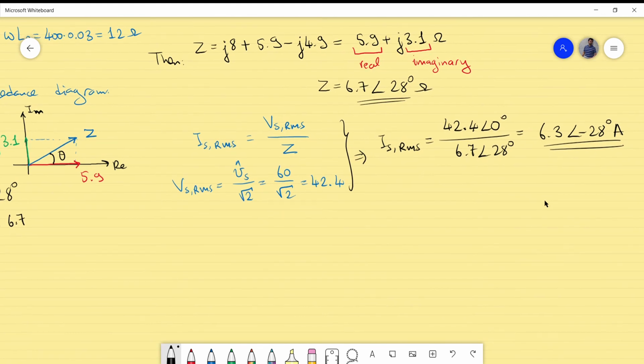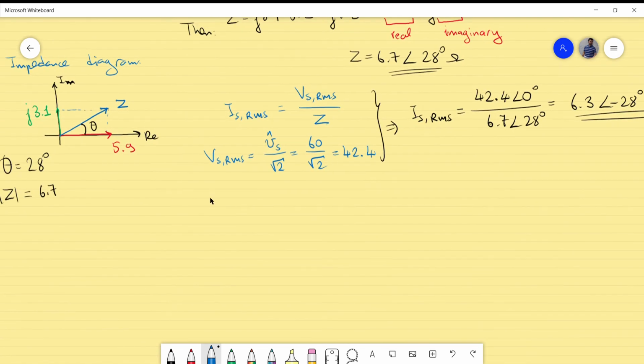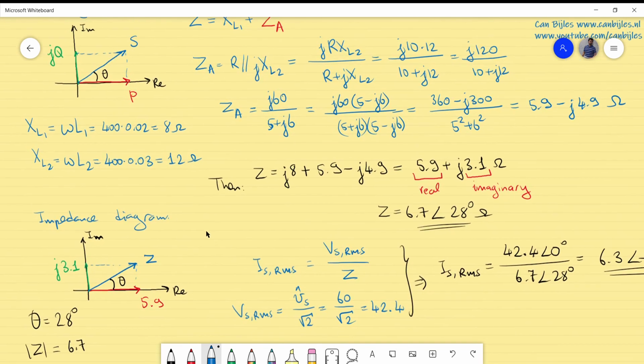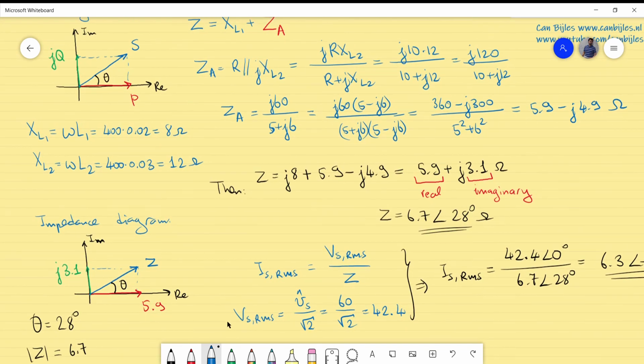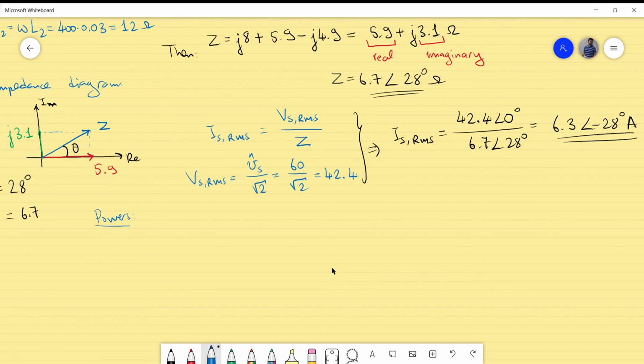Okay, now the powers, this is actually the next step. So let's calculate the powers for the complete system, for P and the Q and the S. So there's actually this diagram. I would like to calculate the elements in this diagram. So let's move on. So powers. What is the P? So what is the real power?